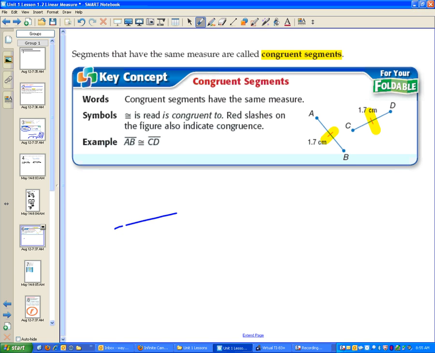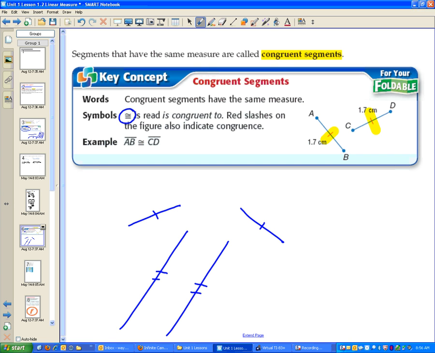If I had two congruent segments marked here to show that they're congruent, I would just do that. Then if I had a different pair of congruent segments, I'd use two hash marks to show that those two were congruent.